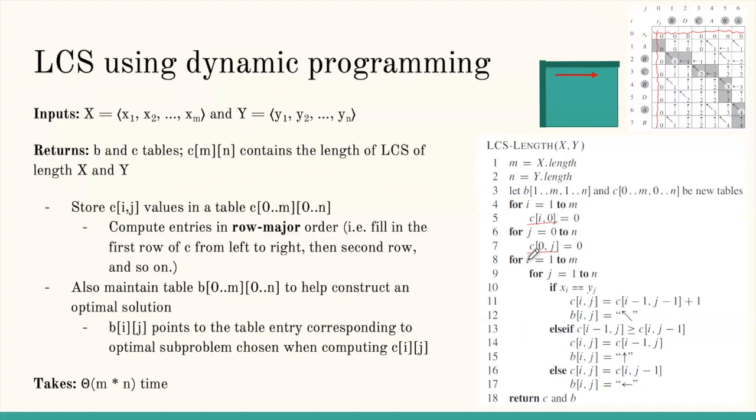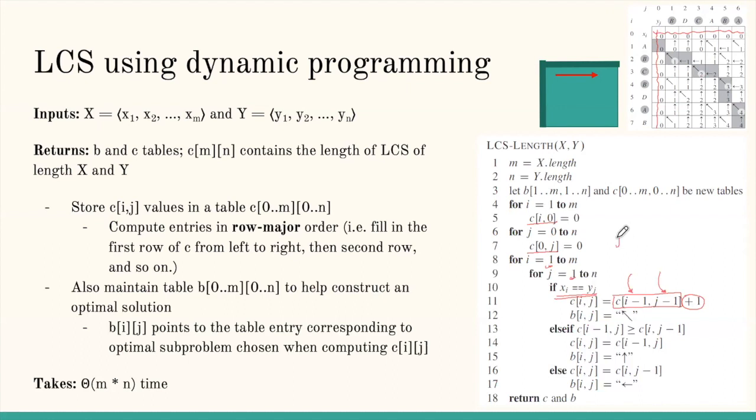Now, following a bottom-up approach, we start with i equals 1 and j equals 1 and check if the two characters are the same. If they are the same, then we simply add 1 to the length of the current LCS that we have for i minus 1 and j minus 1.